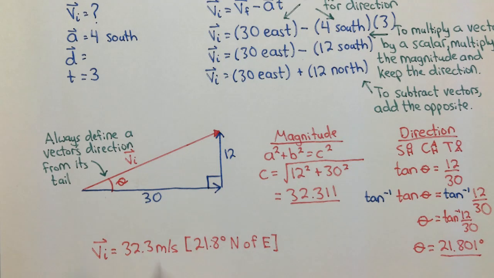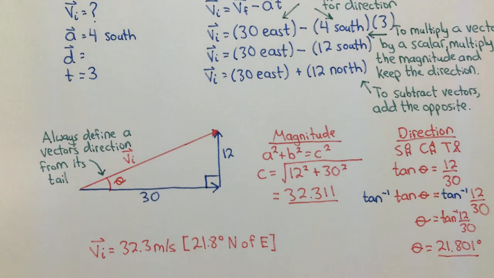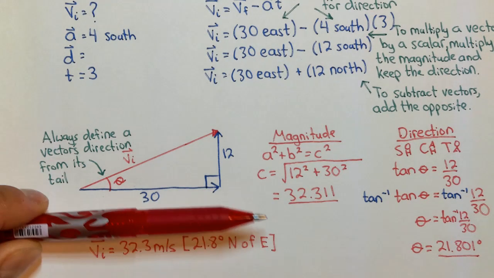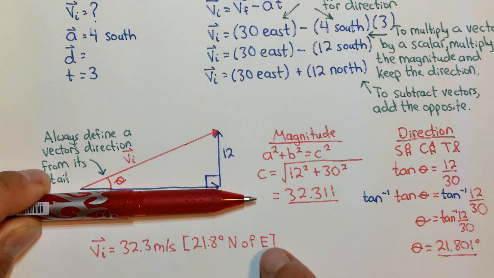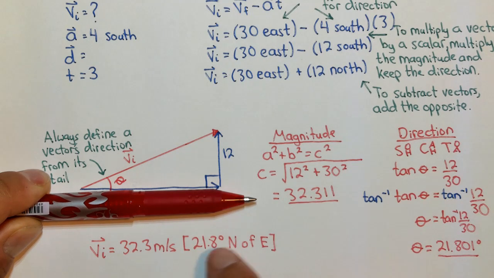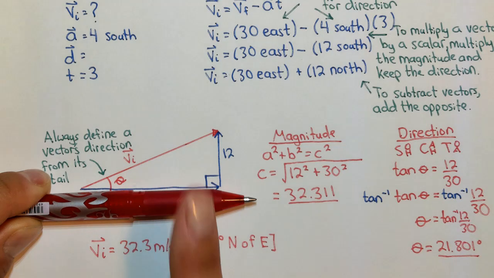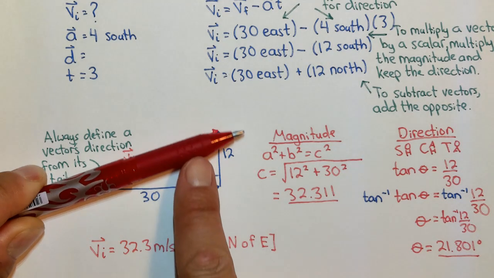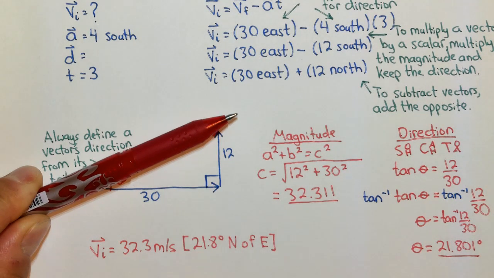Again, this notation here, north of east, means if you want to get to this vector, start by pointing east, the second direction I've given you, and then go 21.8 degrees north of it. So north being that way, 21.8 degrees north from east, and that gets me to my vector.